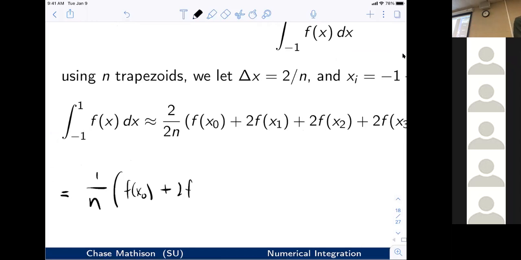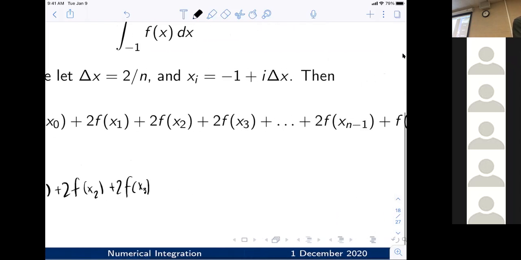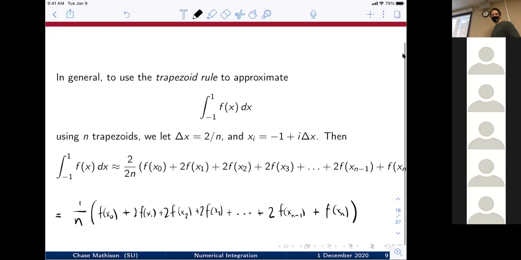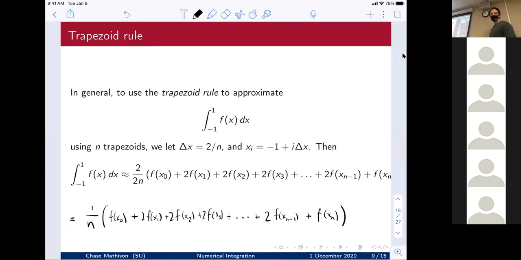So plus 2 times f of x1 plus 2 times f of x2 plus 2 times f of x3, and on and on and on, plus 2 times f of x n-1. And then the first and last points, those only have a coefficient of 1. Okay, so plus f of xn. This is the trapezoid rule for an integral on the interval -1 to 1.